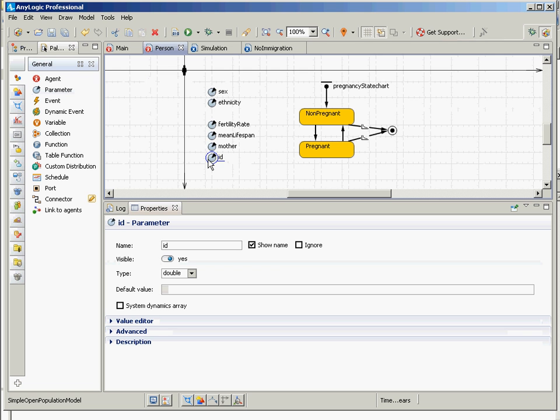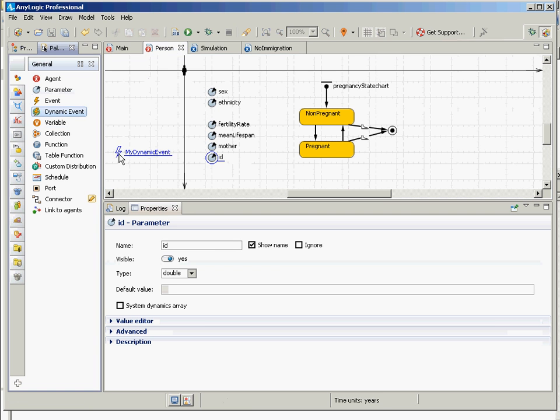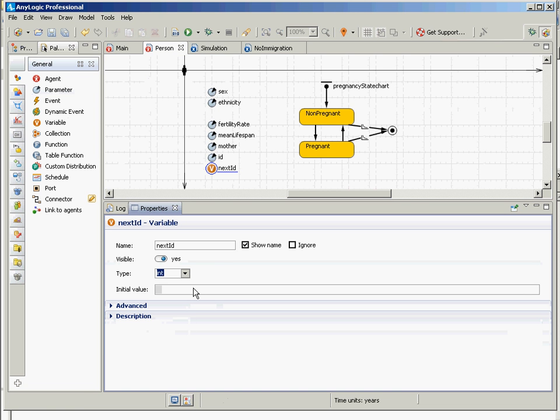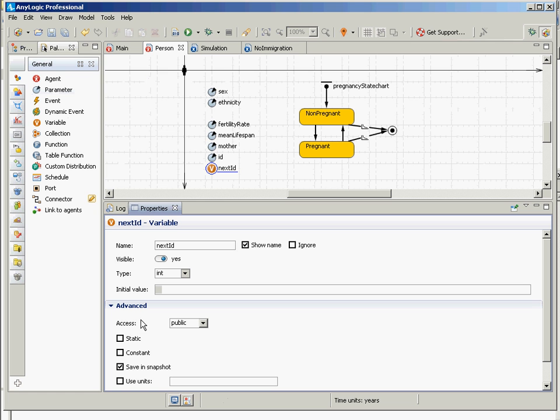Now I'm going to drag in, this is slightly advanced, a variable called next ID. It's going to be an integer. I'm going to make it static, and its initial value is going to be 0.